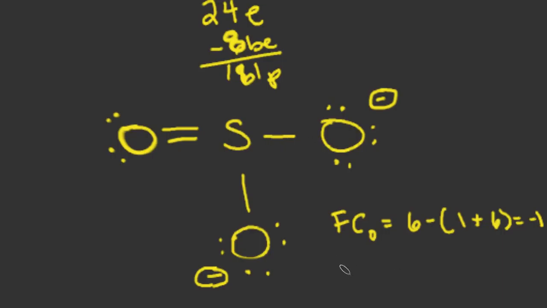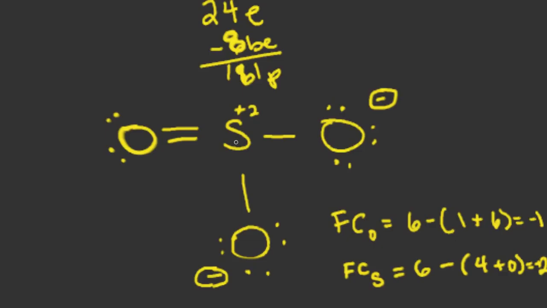Hopefully it has a +2 charge. Now it has 4 bonds and no lone pair electrons, so it does have a +2. So this is a valid Lewis structure because the net charge is neutral and the electrons match up.